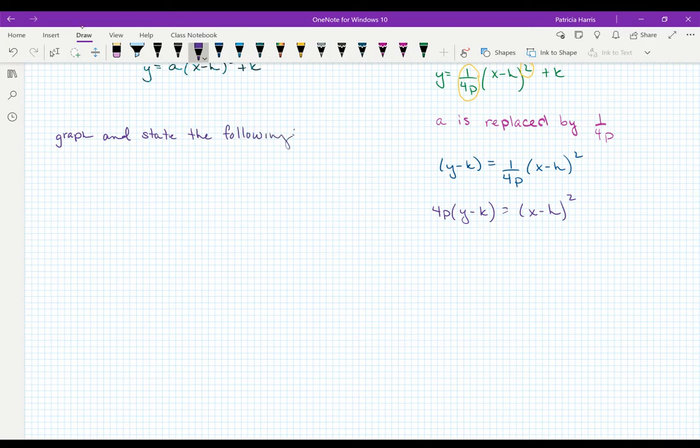You're going to tell me the direction of the opening, where the vertex is, what p is equal to, where the focus point is, what the axis of symmetry is, and what the directrix line is.